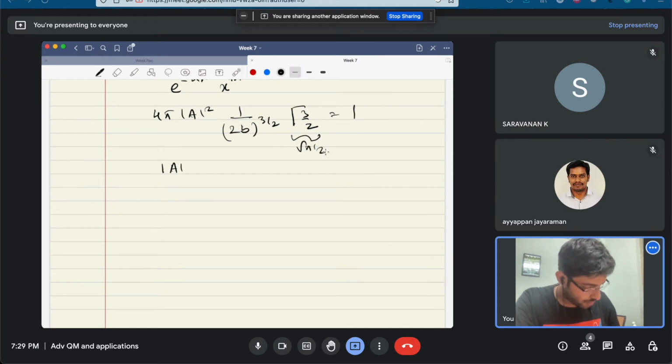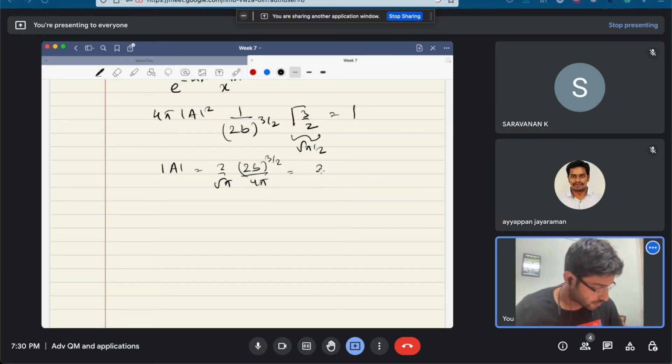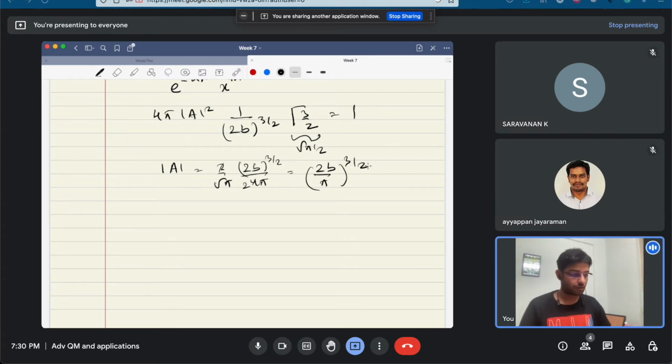Okay, so taking to the other side, you get 2 by root pi, 2b to the power 3 by 2, by 4 pi. So this is nothing but, 2 cancels out with pi, 3 by 2. So this is your normalization constant. Okay, this is A square, so we get A as 2b by pi to the power 3 by 4.